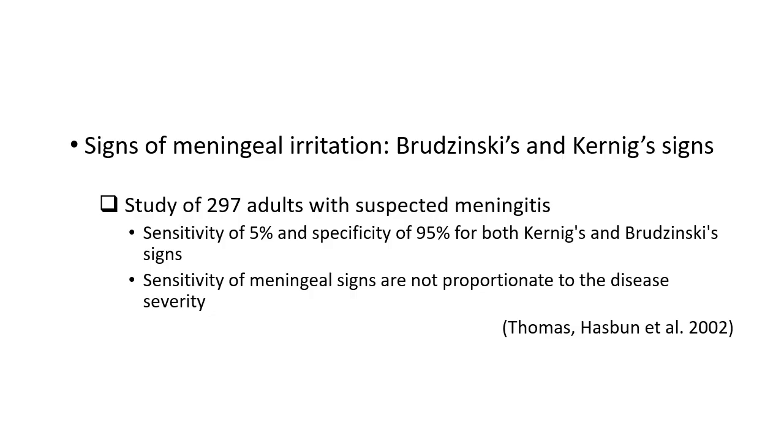Their absence does not give you much confidence in saying that the patient in front of you does not have meningitis. However, a high specificity means that this is really helpful for raising your suspicion for meningitis, because if it is present, then that is highly suggestive of a meningitis.